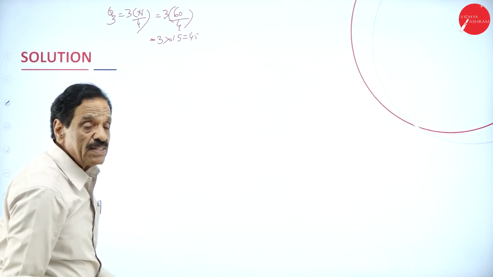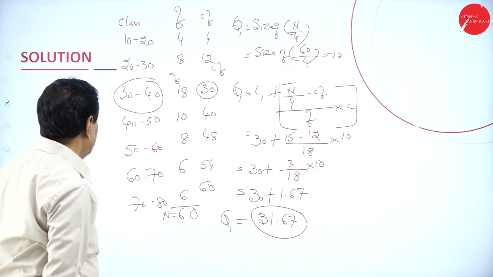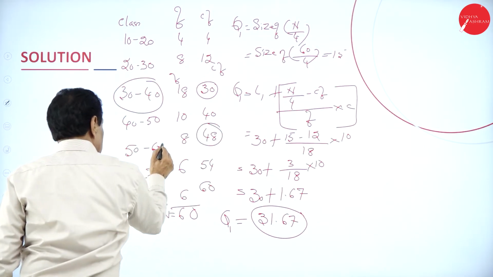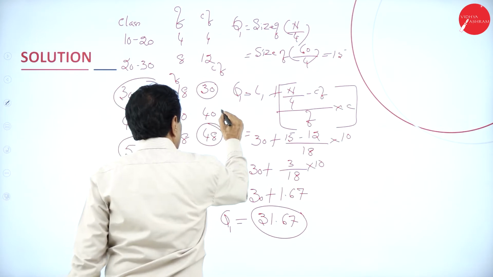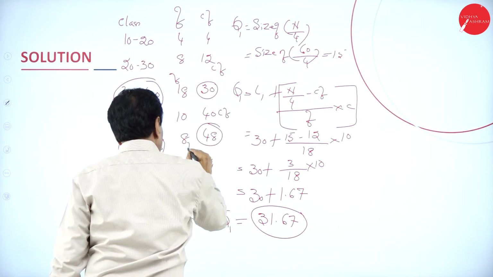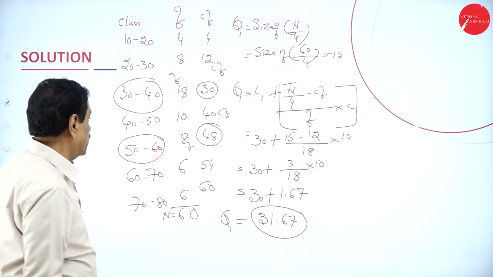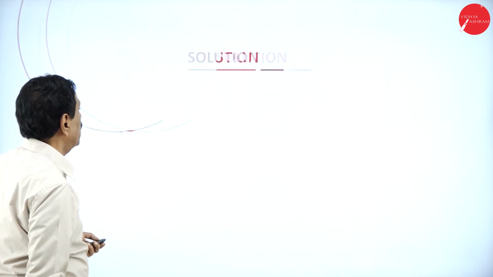Find 45 in CF. 45 will come under 48. Your class is 50 to 60. Behind CF is 40. Constant frequency is 8. So it will come 50 to 60 and constant frequency 8. CF is 40. You'll go there.